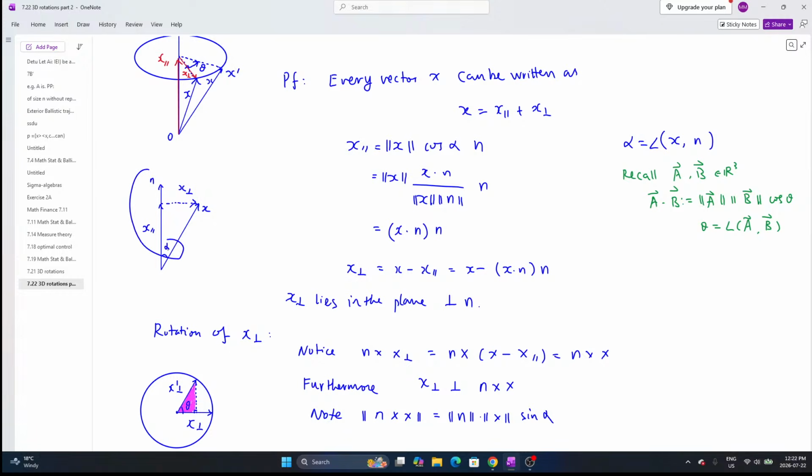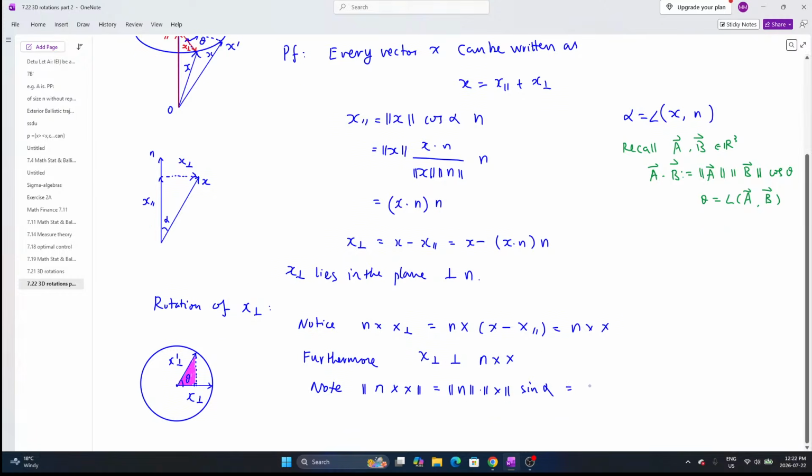In this diagram, this is alpha. So this is x length times sine of alpha, which is exactly the length of x perpendicular. Here we used that n is a unit vector with length 1. So now we have an expression for the length of this vector, x perpendicular.